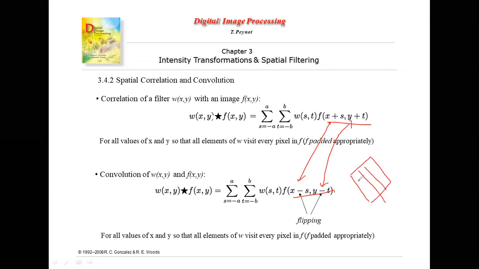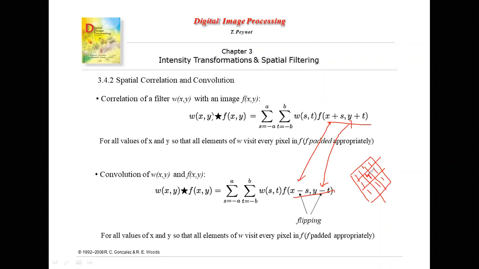Let me draw it: a center value of 4 and all the remaining values 1, 1, 1, 1, 1, 1, 1, 1. The author calls this mask symmetric. You can rotate it however you want, the center value will be 4 only and the remaining values will be 1 only.